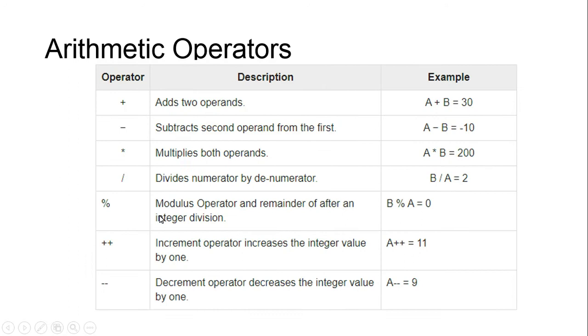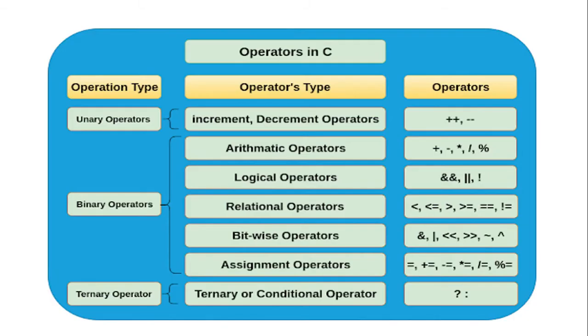Next is the increment operator. Here I am using only one operand. The increment operator and the decrement operator are unary operators because I am manipulating a single operand. Double operand means a binary operator. This is the difference between unary and binary, right?